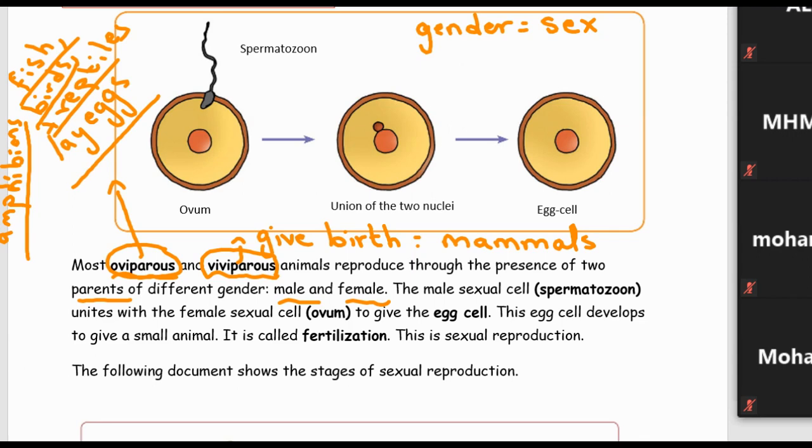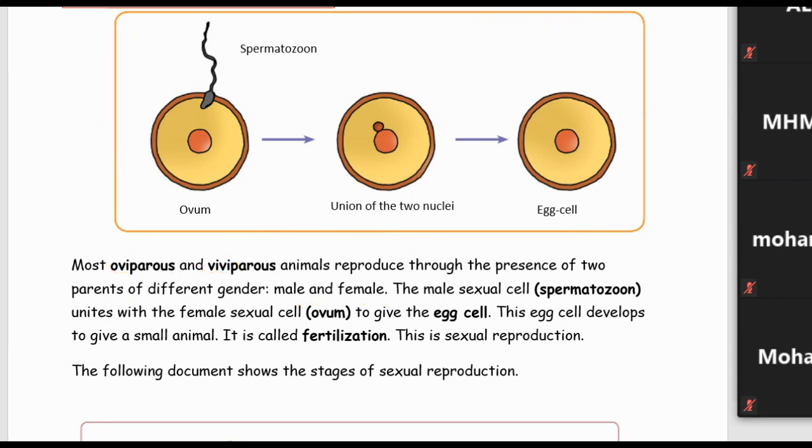Let's continue. The male sex cell is known as spermatozoon, or you can say sperm cell.